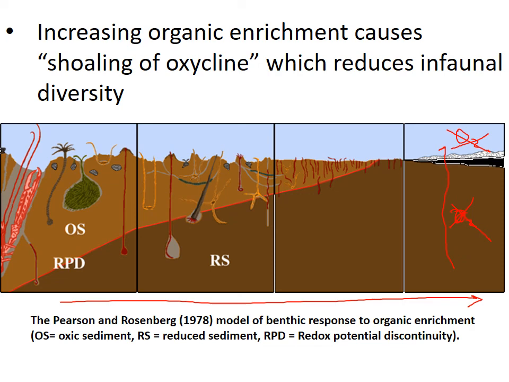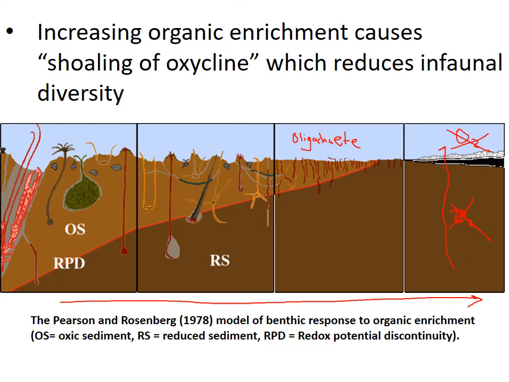And then, as you get into more and more degraded conditions where there's a greater excess of organic matter, the habitable layer of sediment for infauna is smaller and smaller, and you have a lower diversity of organisms, because only things like these oligochaete worms survive. They're one of the organisms that's really tolerant of low oxygen conditions and might be some of the last things you'd see still alive in sediment of poor quality.